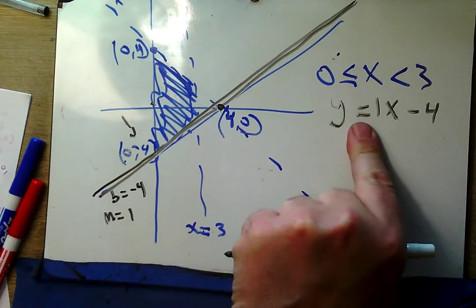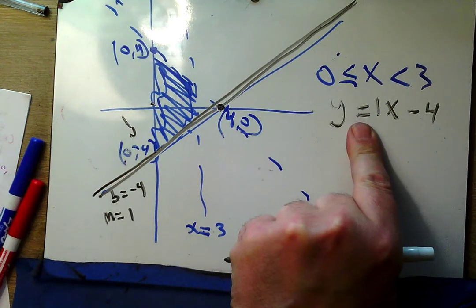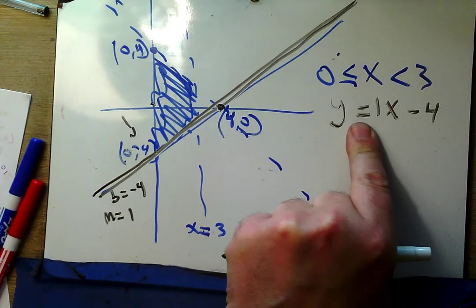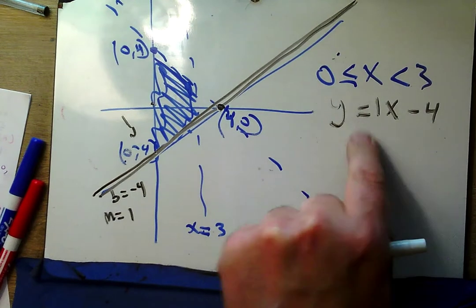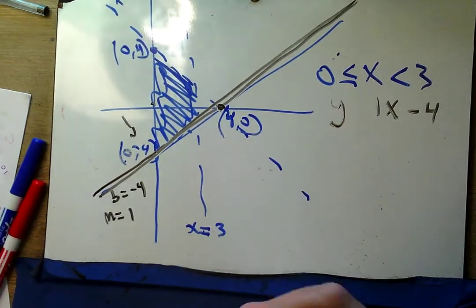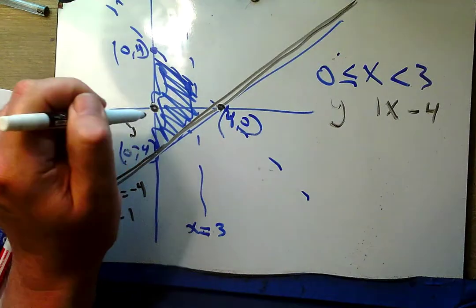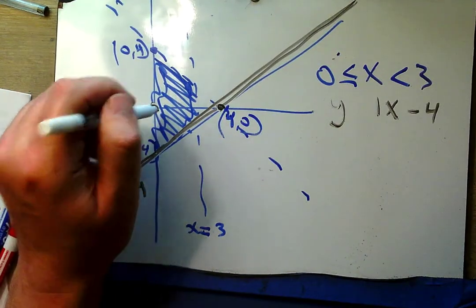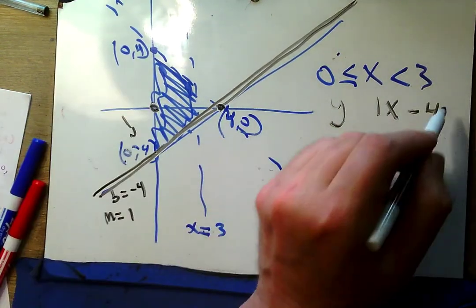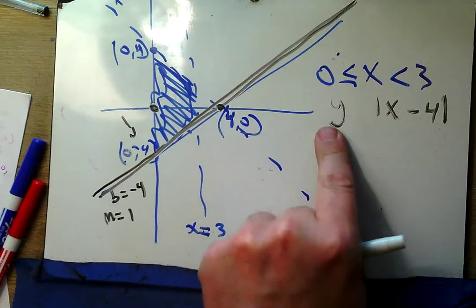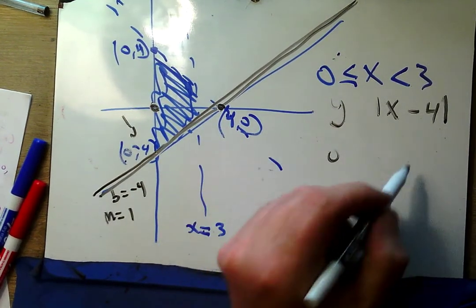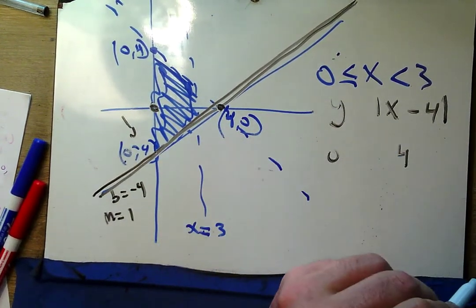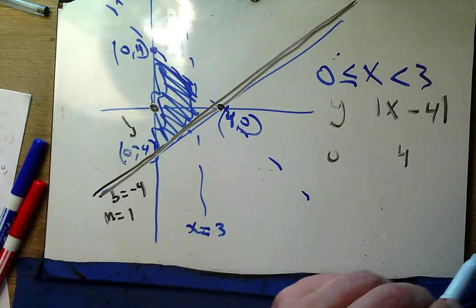But now, is this supposed to be an equal sign, a greater than or equal to sign, a less than or equal to sign, a less than sign? What symbol should I have here? Well, 0, 0 should be a solution. So if I plug a 0 in here and I plug a 0 in here, I'm going to have 0 and I'm going to have 4 because the absolute value of negative 4 is 4.